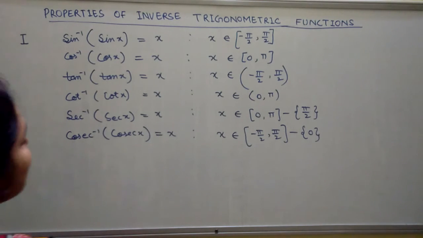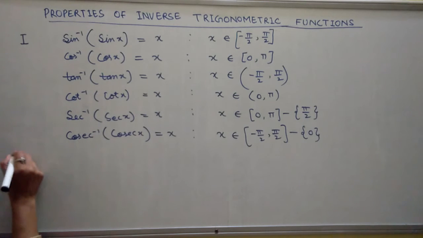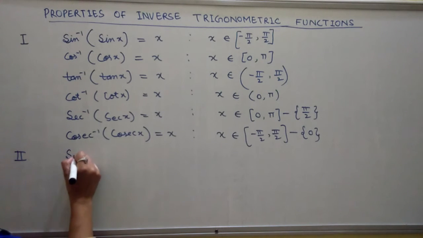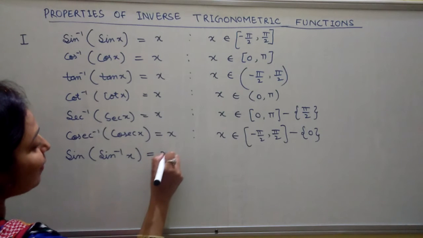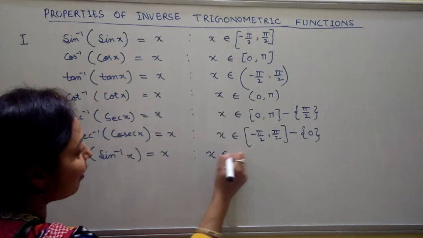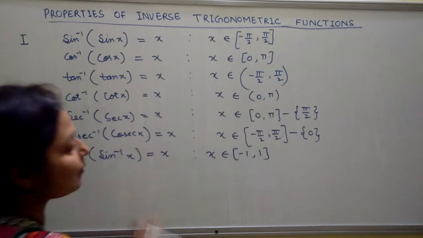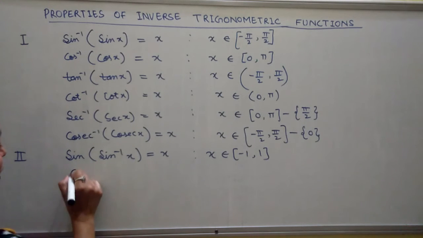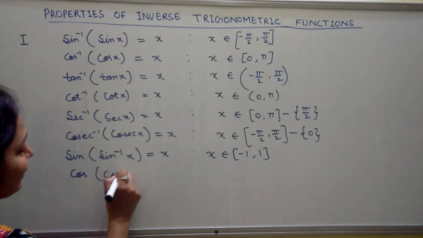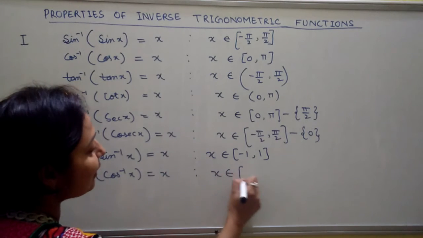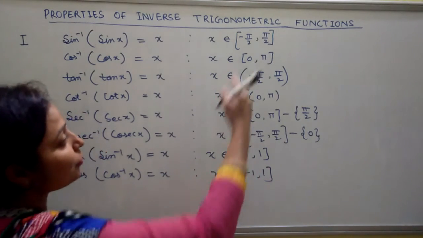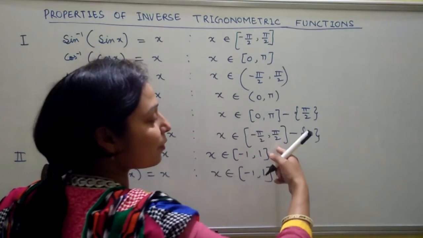Now come to the second type. What is the second type? Sine inverse sine x is equals to x if x belongs to negative 1 to 1. Okay, cos inverse cos x is equals to x if x belongs to again minus 1 to 1. So this is the range of inverse trigonometric function.